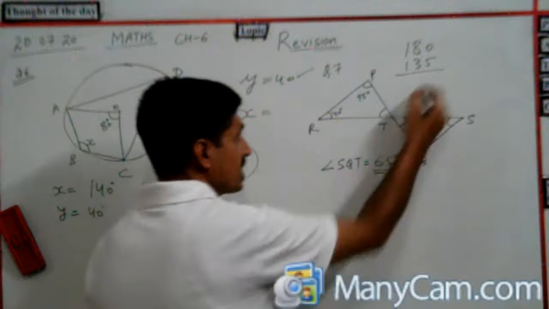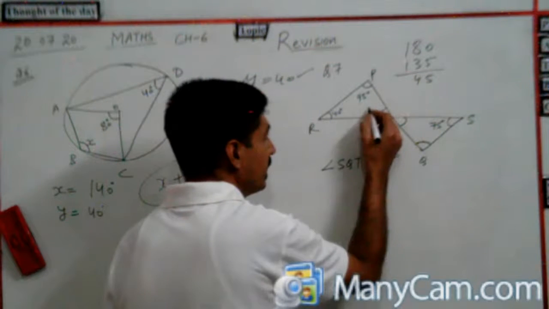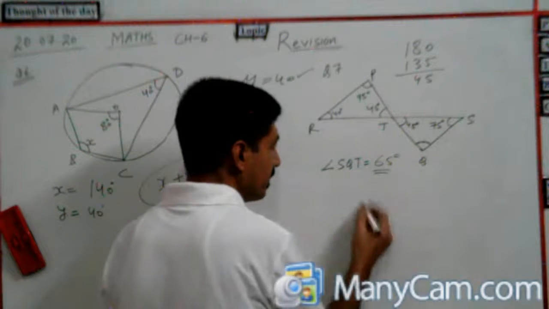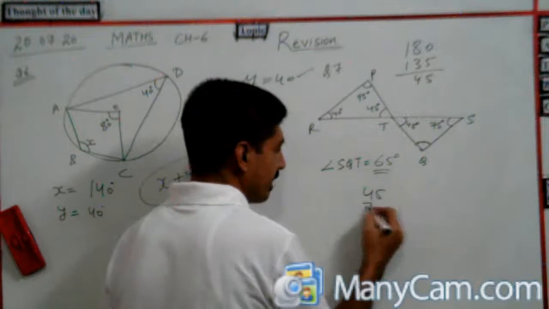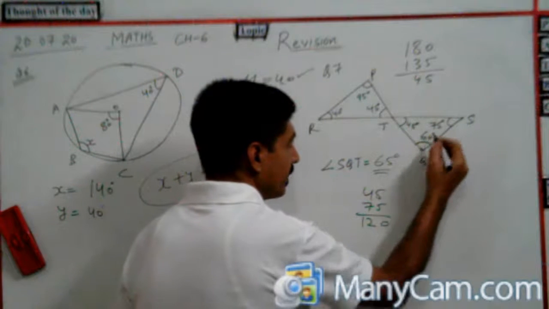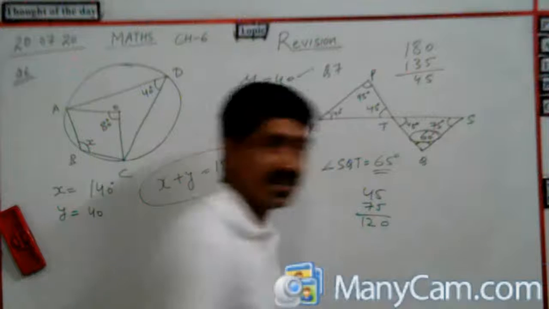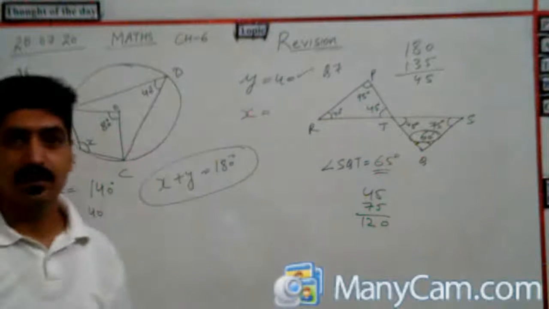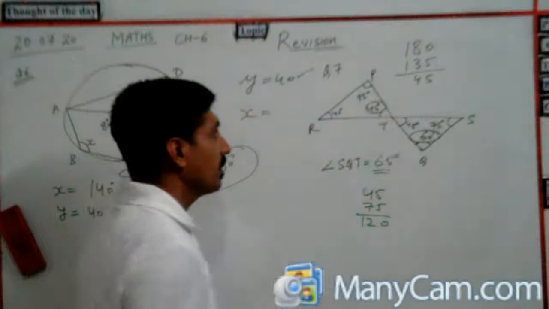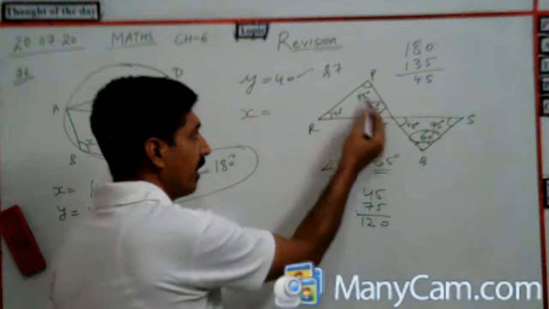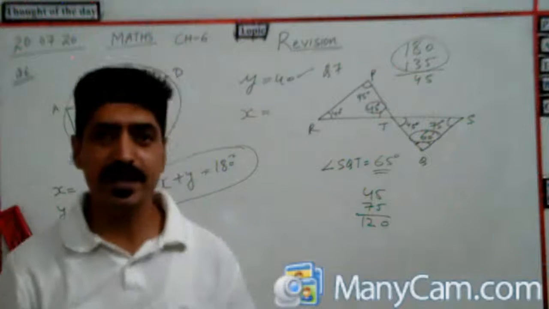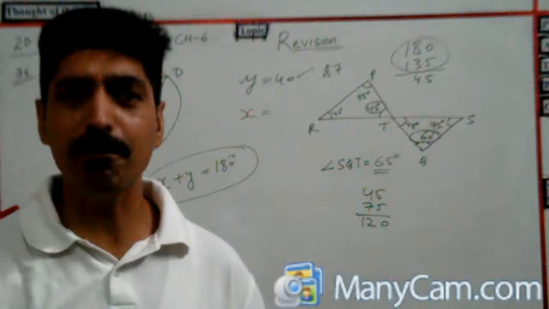Which is 45 degrees. So this angle is 45, so this must be 45. So here 45 plus 75 is equal to 120. So this angle is 60 degrees. Okay. I find the third, that is 45. Okay. I am using here the angle sum property of triangles.